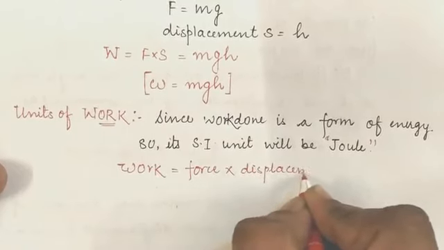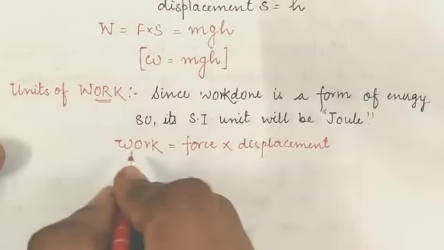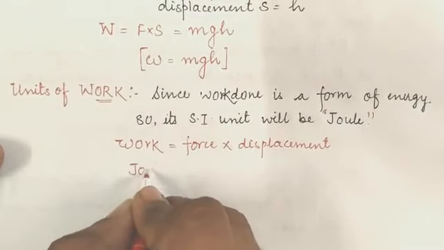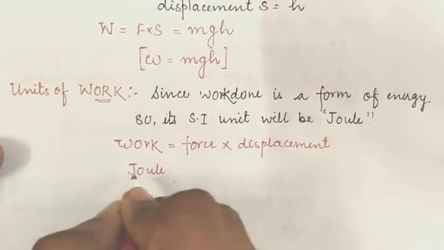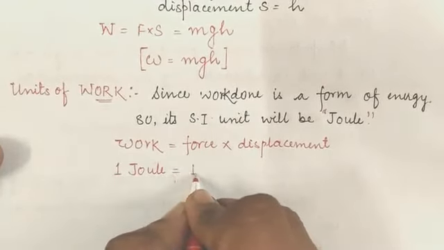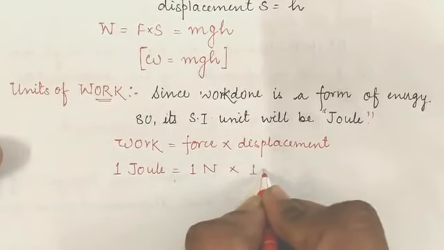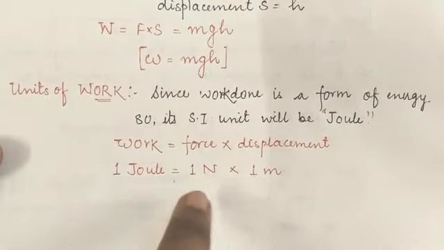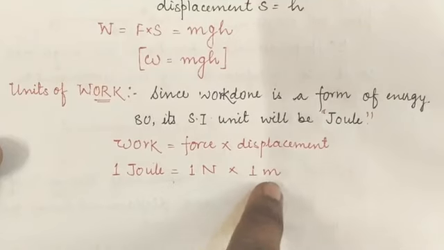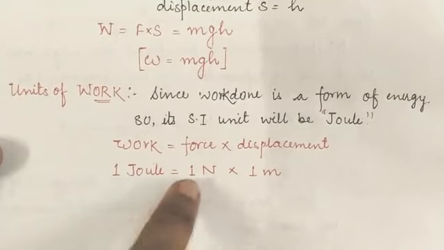And as we know that the SI unit of work done is joule, in order to define 1 joule of work done, we take 1 Newton of force multiplied by 1 meter displacement. It means that when a force of 1 Newton is applied to an object and it causes 1 meter displacement, then 1 joule of work is said to be done.